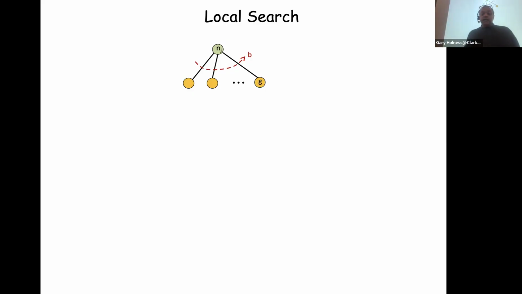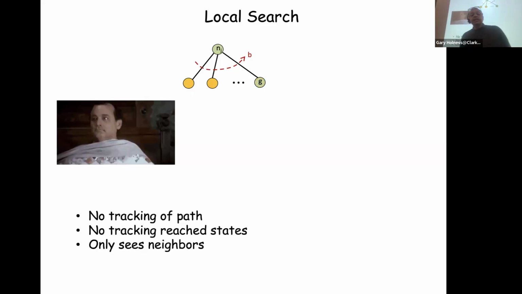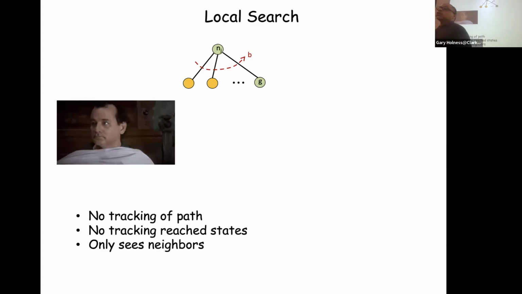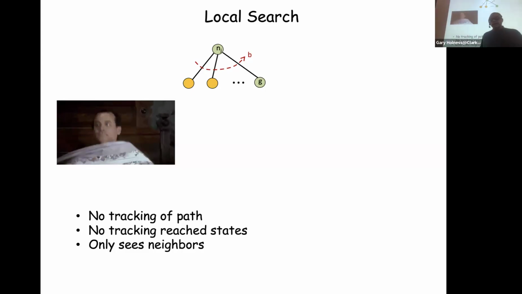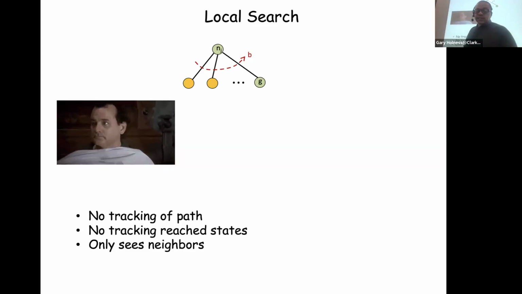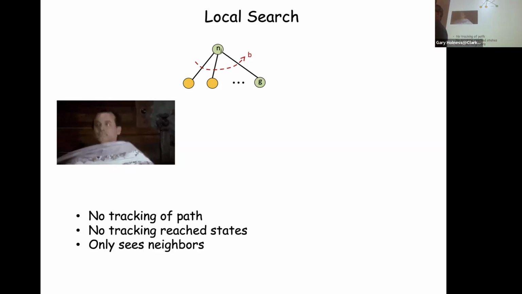Now, in this particular case, in this local search, there's no tracking of the paths. There's also no tracking of the reached states, be that for preventing the reoccurrence of states or for updating a notion of best path. In our local search, you only see your neighbors. I don't know if maybe you're too young.